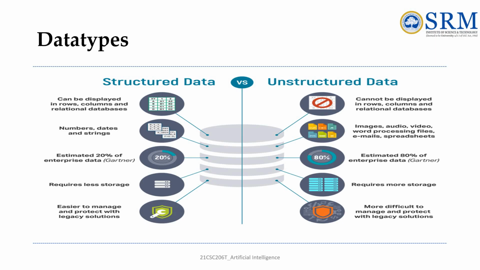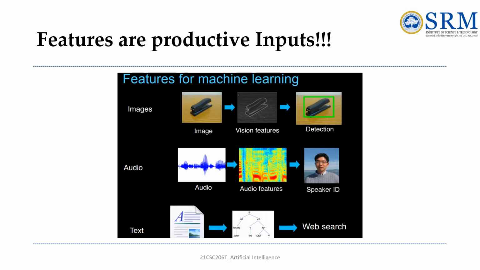Features are the measurable inputs, like the patient's age, blood pressure and symptoms in a medical diagnosis model. The better the features, the better the model's predictions.